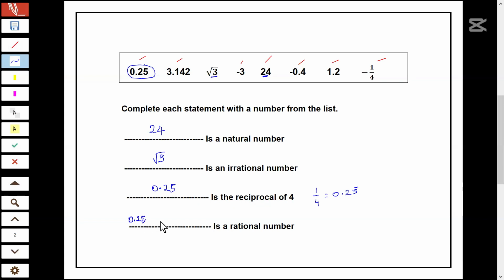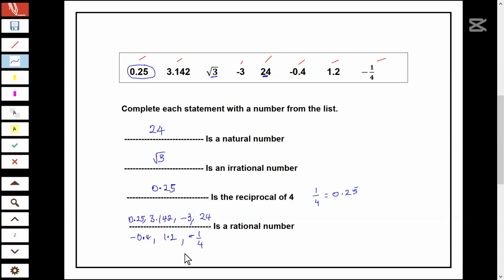Then 3.142, then negative 3, 24, negative 0.4, 1.2, and finally negative 1 over 4. So these are examples of rational numbers from the list of numbers.